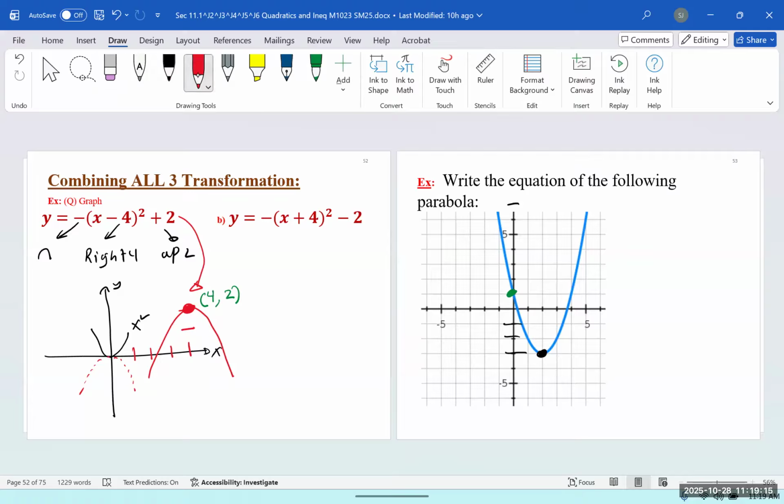I got y equals parentheses x minus 2, squared, minus 3. Yeah. How about the leading coefficient? That's positive. But what's the number? 1, 2, 3, 4. How do you know it's 1?